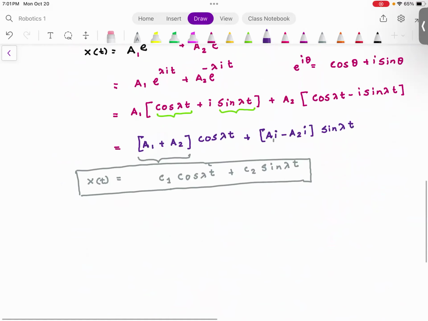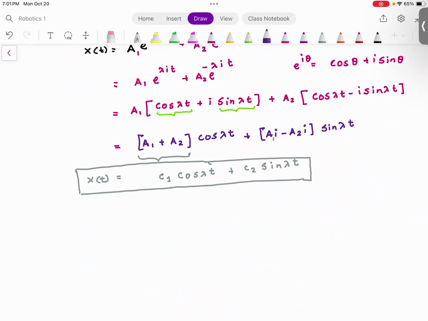Okay. Now, since you studied linear algebra before this class, I will try to explain this in the context of linear algebra. So you have this equation m x double dot plus k x is equal to 0. What I want to do is represent this equation as a matrix equation, which is also called state space.